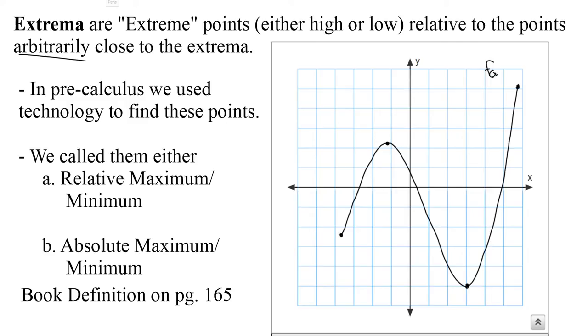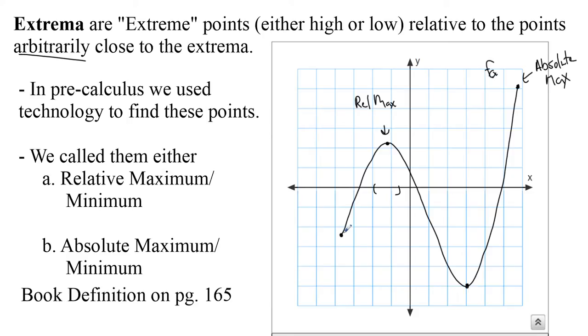Okay. And so this particular function here, this point here is still a relative max. Because while it is the maximum of the points arbitrarily close to that over this smaller interval, this point right here is the absolute maximum, because there are no other points that are higher on the y-axis than this one.